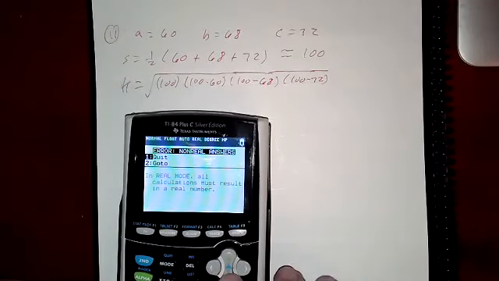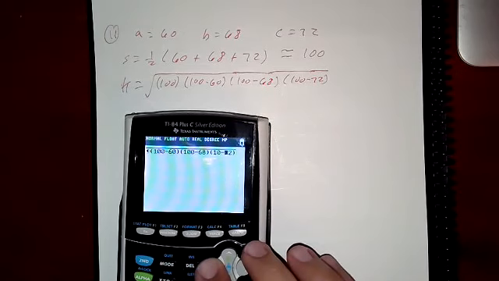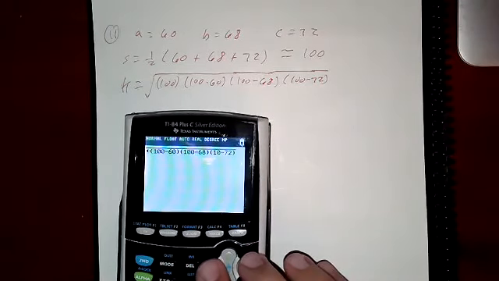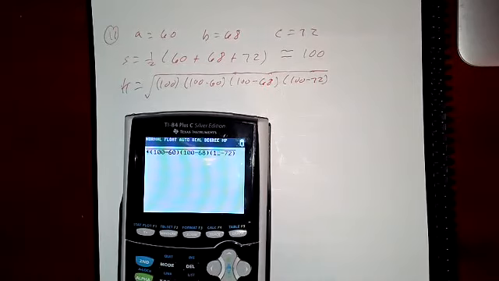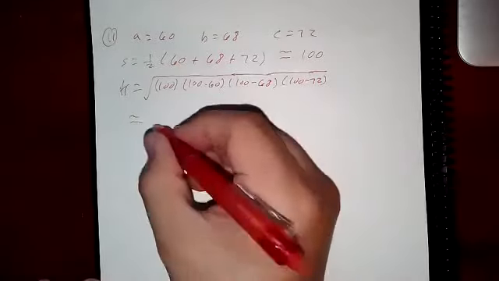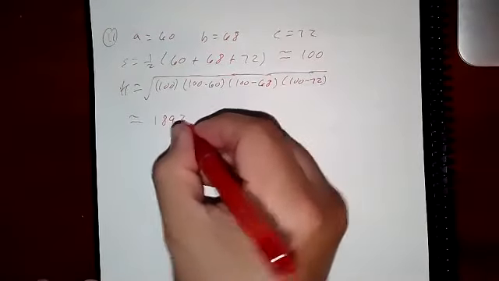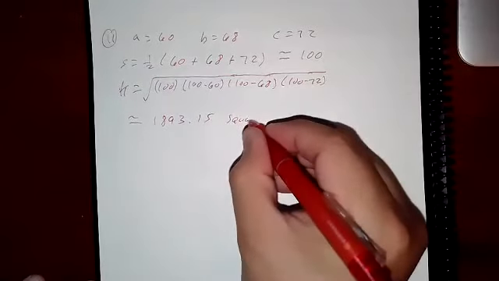Oh man. What did I do wrong? 60, 68, 72. Last number. You got 100 minus 72, not 10. Oh, there it is. Thank you. Yeah, that would create a negative. All right, so that would be 1893.15 square units.